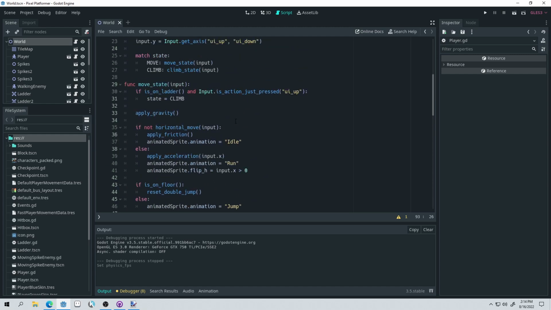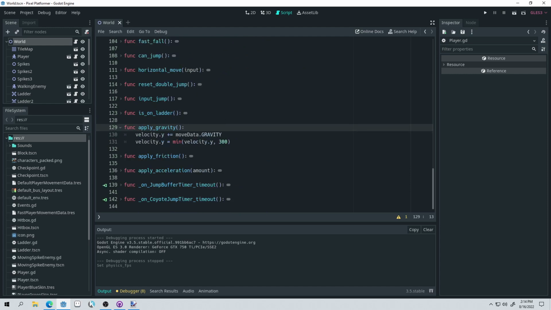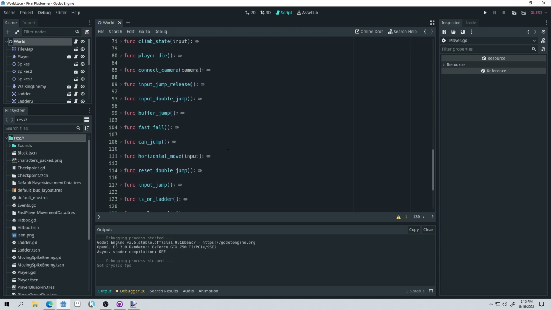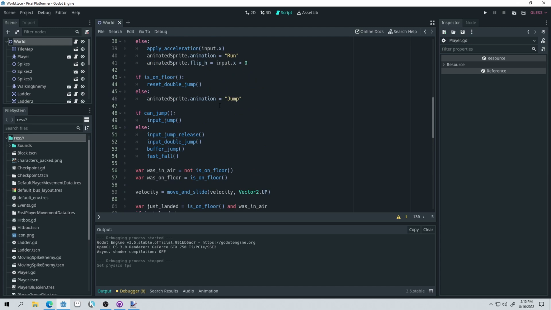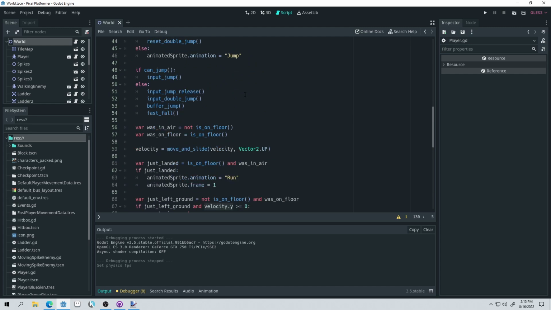However, our gravity, you can see velocity.y plus equals move data.gravity. It is going to be changing over time. So our velocity.y is going to be added to every single frame, thus changing it over time and creating that graph that we saw at the start. So because our velocity is our change in position, you normally need to multiply your velocity by delta because it's changing your position over time.